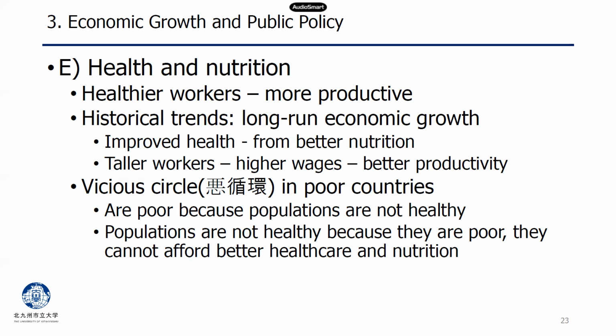So this is like a vicious cycle. Being poor leads to unhealthiness. Unhealthy people lead to poor economy. Poor economy again leads to unhealthiness of people. So that's a big problem too. And you can see that there are lots of things developing countries' governments should do to solve the problem of economic growth.